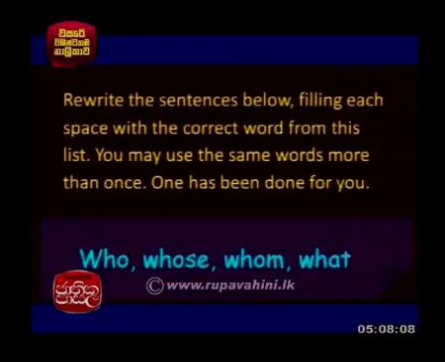So the question goes like this. Rewrite the sentences below, filling each space with the correct word from this list. You may use the same words more than once. One has been done for you. The words given are who, whose, whom, what. එතකොට දරුවනේ අපිට දීලා තියෙන වචන තමයි who, whose, whom, what.